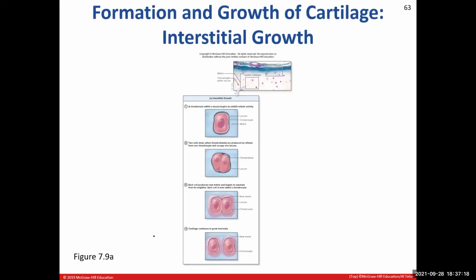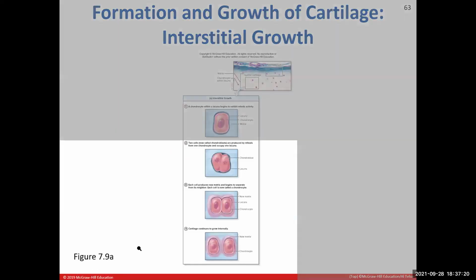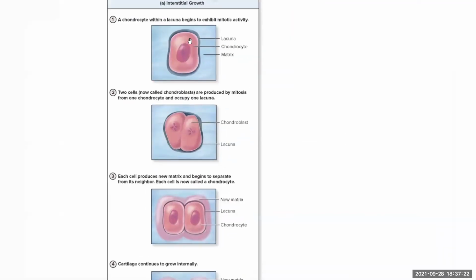So let's see the picture. This one's easy. Okay, so here's the cell. It's now divided, and we have two cells living in the same lacuna, but they're both chondroblasts. So now they want to get away from each other. They want their own studio apartment. So what do they do? They each start to produce that new cartilage matrix, and they push away from each other.